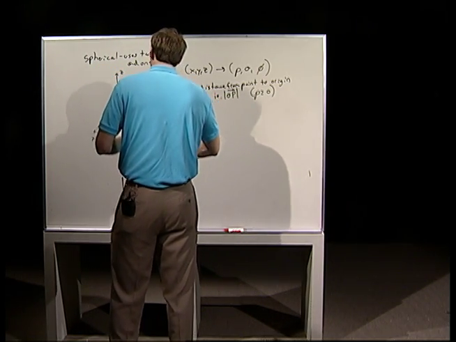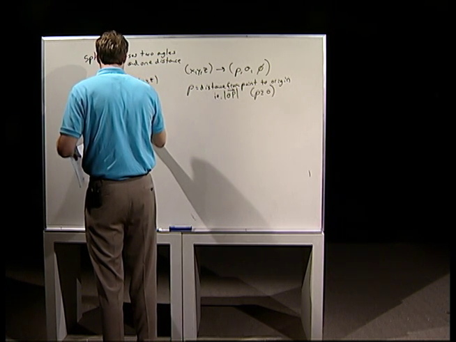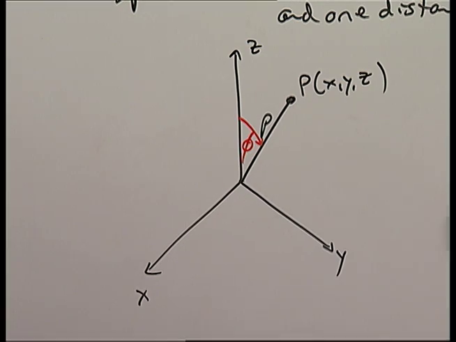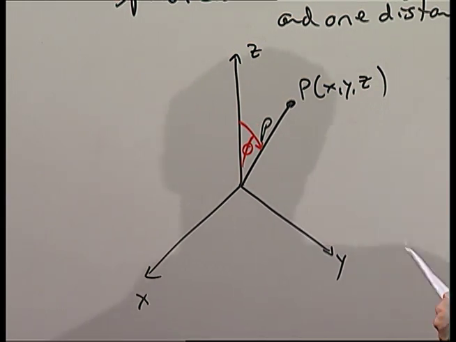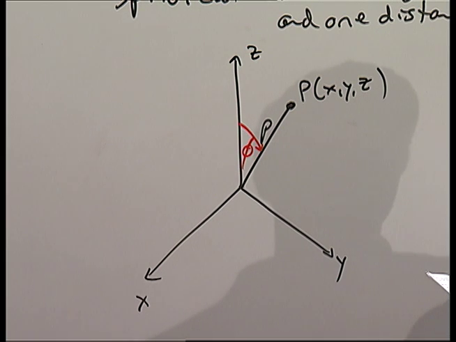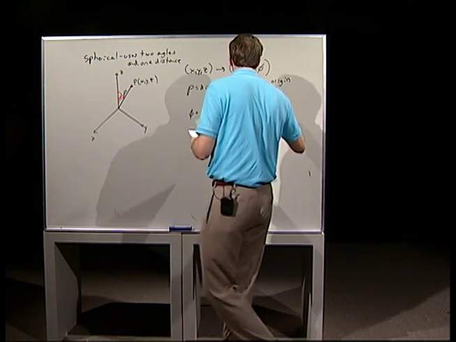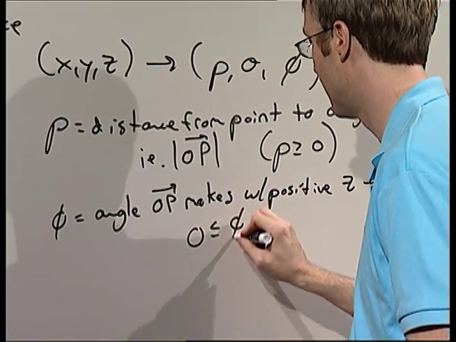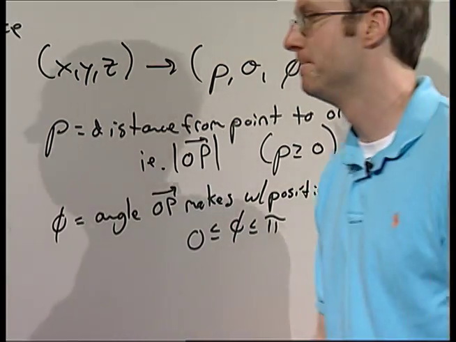So phi is the angle between the positive z-axis and this vector OP. So this is the angle vector OP makes with the positive z-axis. And in particular, phi is restricted between 0 and pi.